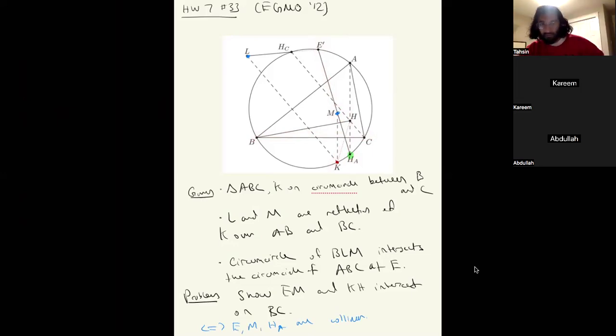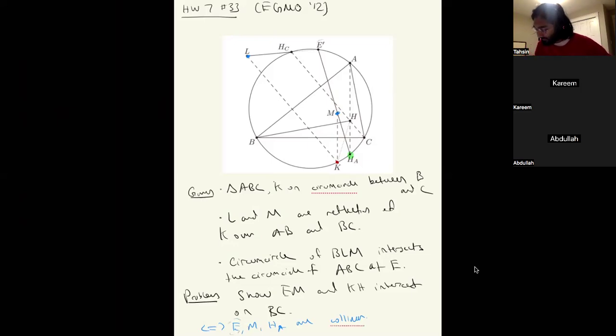Are there any questions about that first reduction? This E is not this E prime.